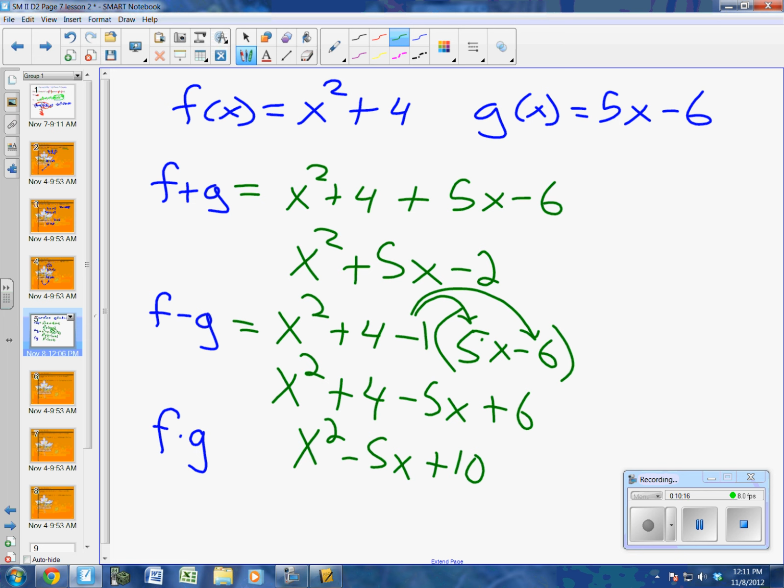We subtracted the 5x, and then we subtracted a negative 6, which makes it a positive 6. So can you do it without the parentheses too? Well, if I would have written x squared plus 4, and then minus 5x minus 6, I wouldn't have gotten the same answer, would I?